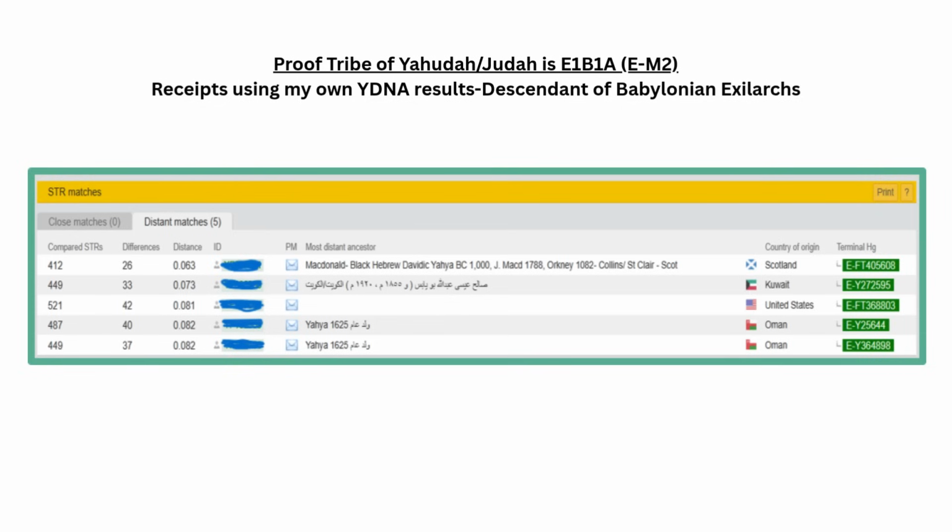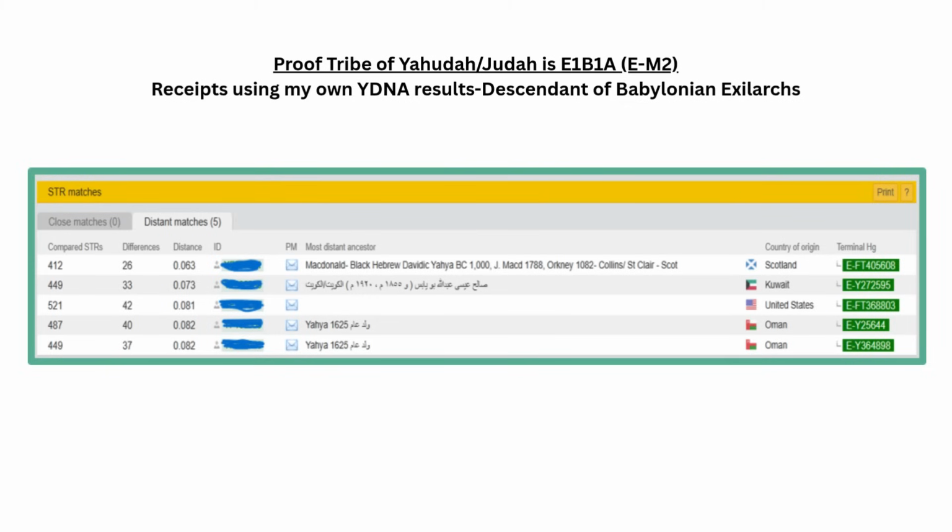There's information here that gives you an idea, and I'll explain that. The key point, though, is look at the matches. Now, the first thing you'll notice is that I'm Negro. My most recent ancestors whose names I'm familiar with, as far back as I can remember, were born in Barbados.